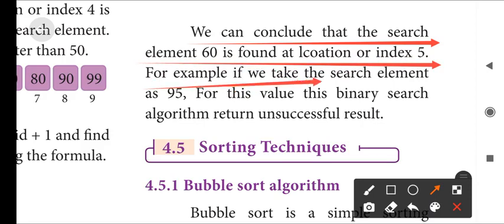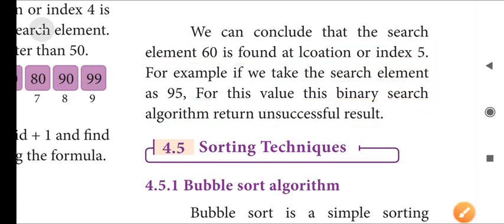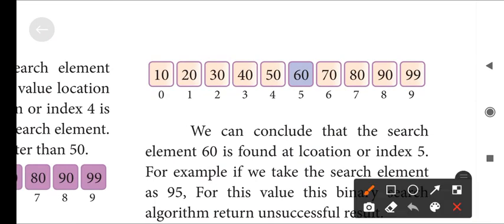For example, if we take the search element as 95, for this value the binary search algorithm returns an unsuccessful result. In this step the user's wanted value is not found.